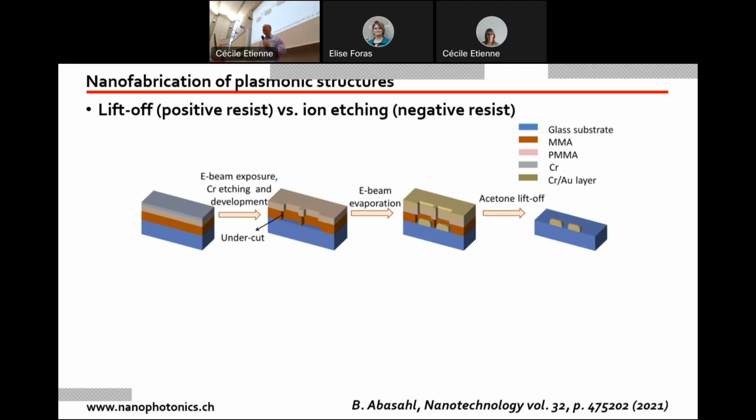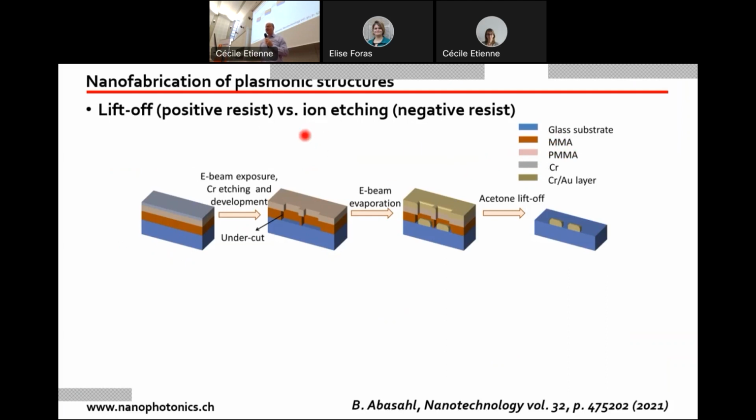The very widespread approach is called lift-off, and it relies on a so-called positive photoresist. So you start with your substrate, then you put some photoresist. Here we will put 2 layers of photoresist. I use MMA and PMMA. It's not very important, but what's important to remember is that these are positive photoresists.